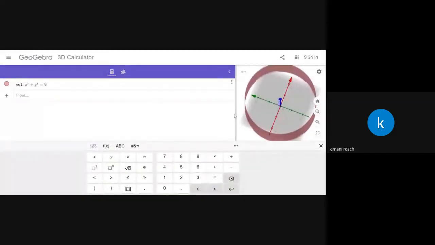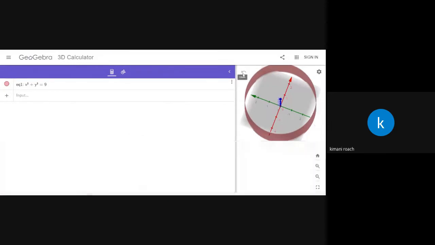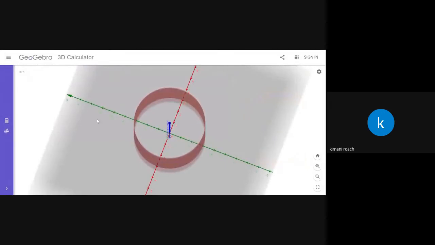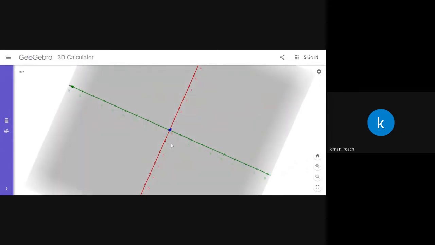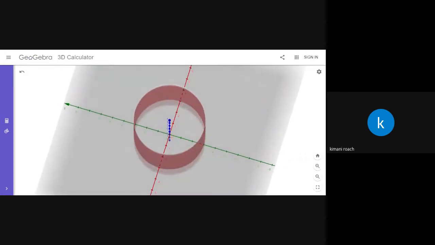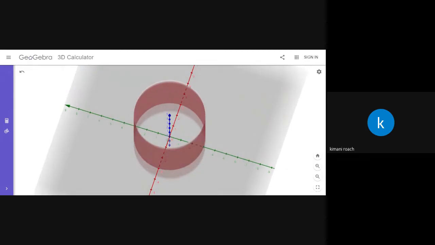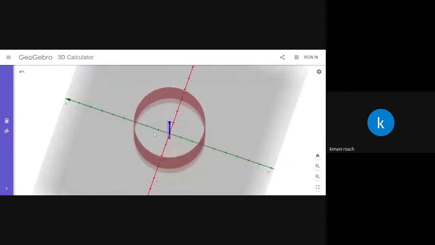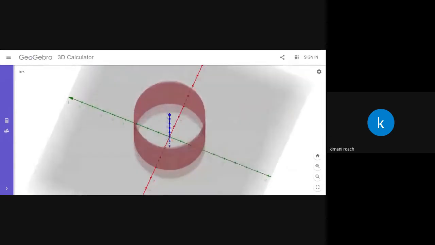Right here, I want you to notice that I am plotting the graph. I go ahead in my app, and this graph represents the circle that we have here.